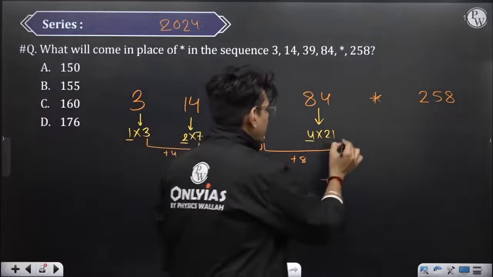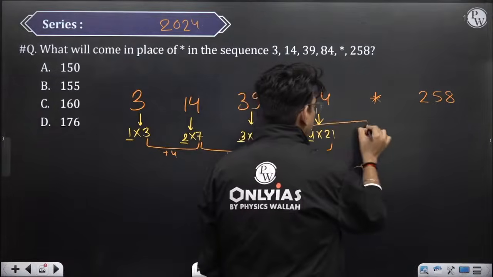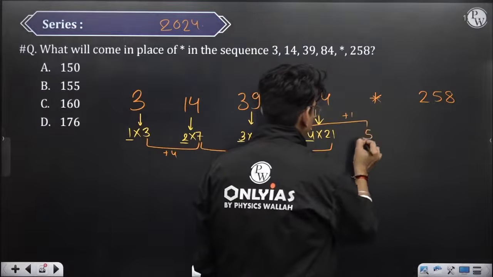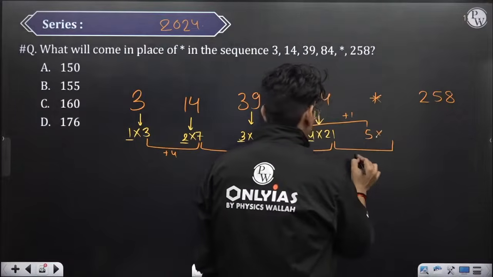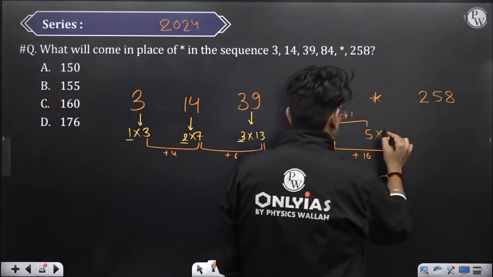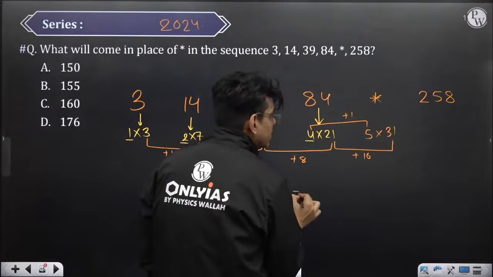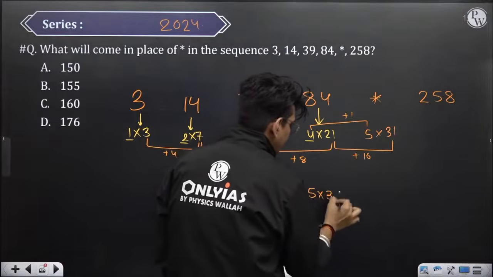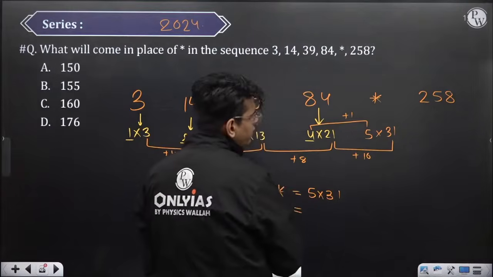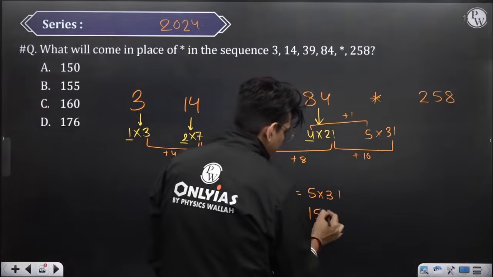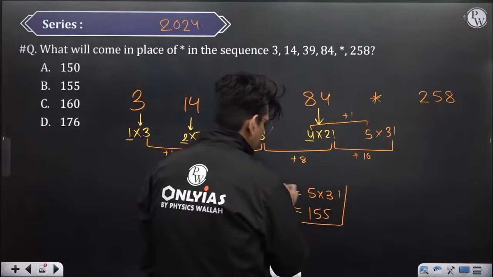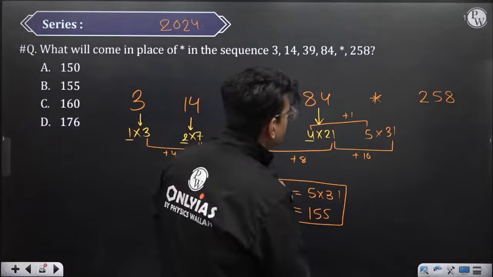The next term can be 5 and plus 10, which is 31. So the term star is nothing but 5 into 31, which is 155. Star is 155. 155 is also in the options.